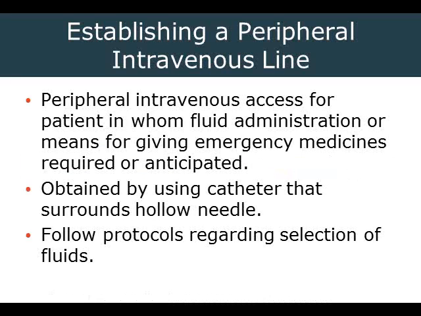Establishing a peripheral IV line is going to give us access to administer either fluid or give medications. We also sometimes will use it to obtain a blood sample, but you don't always need to start an IV. IVs are not absolutely the end-all be-all of ALS treatment.